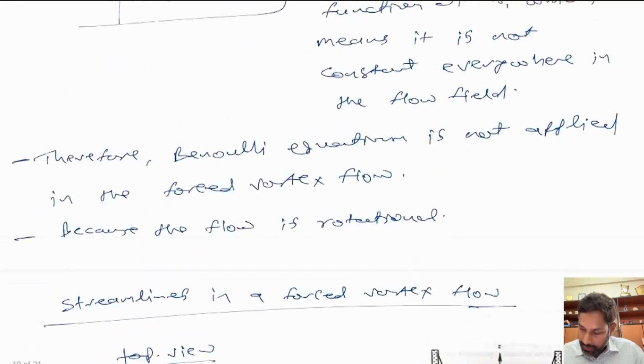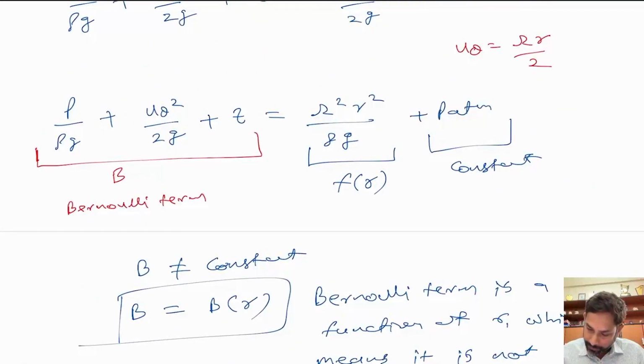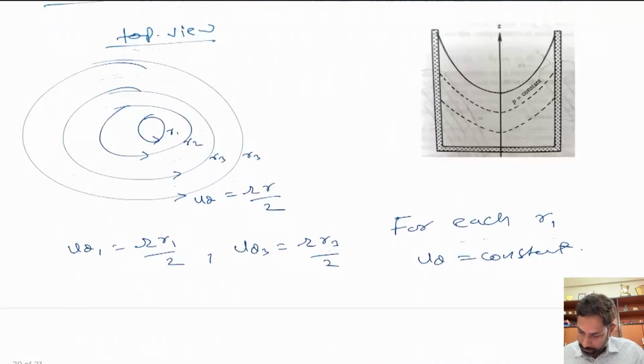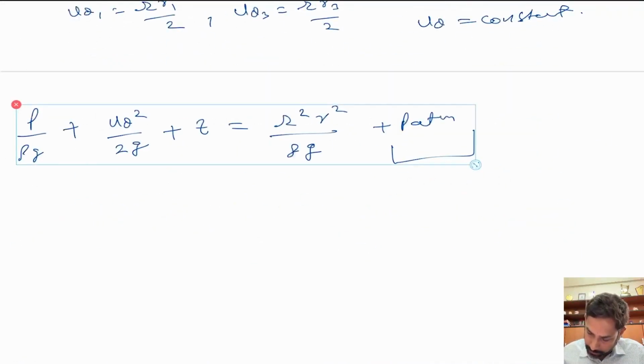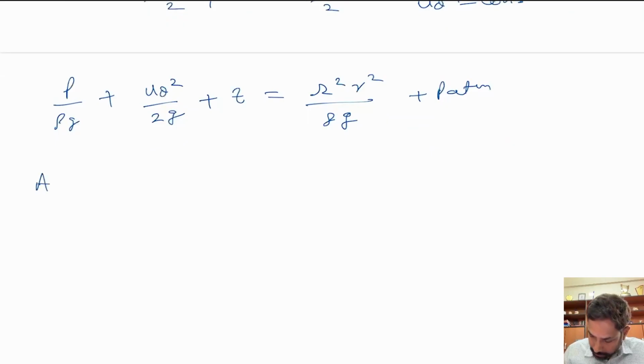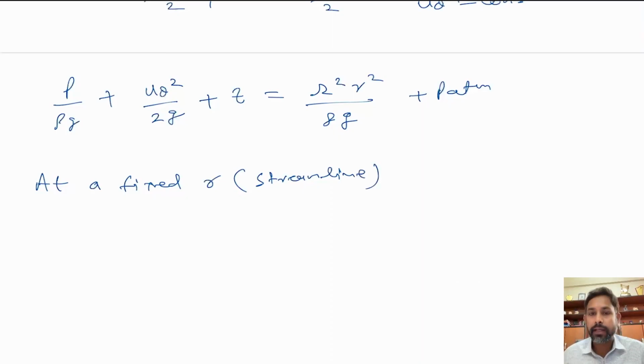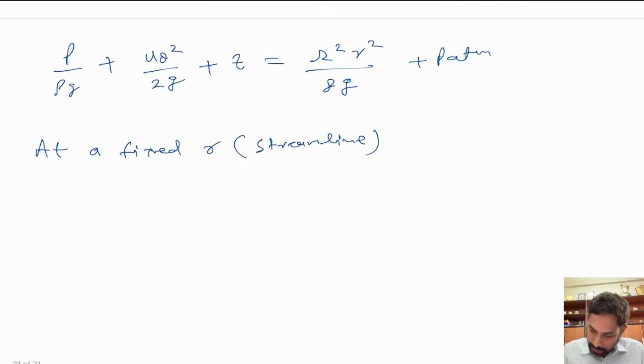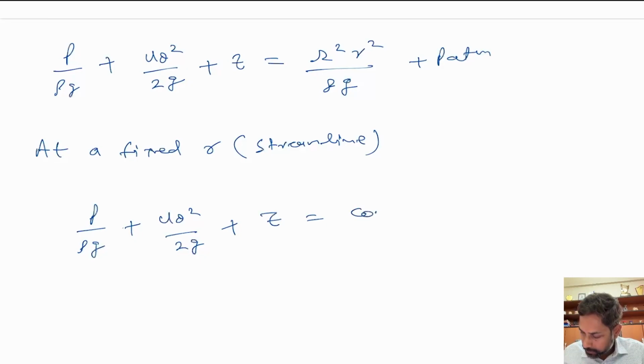That actually means that if you take this equation, at a fixed r, which is basically representing a streamline of the flow, this term p over rho g plus u theta square by 2g plus z will be a constant, right?